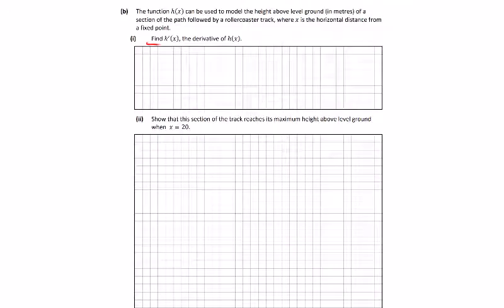So next part, we're asked to find h prime x, the derivative. So let's just write h of x down again first. H of x is equal to 0.001 x cubed minus 0.12 x squared, and we got p to be, sorry, we got p to be 3.6, 3.6x, and we have a plus 5.